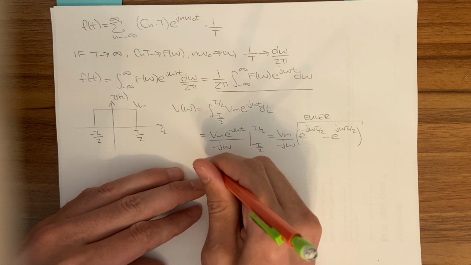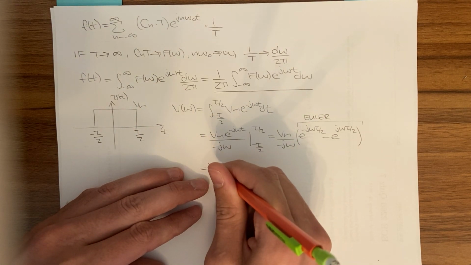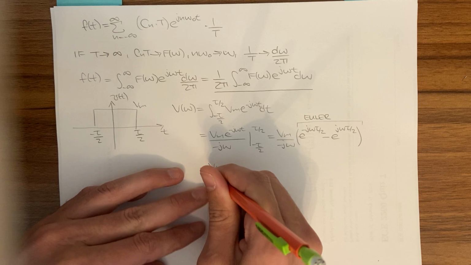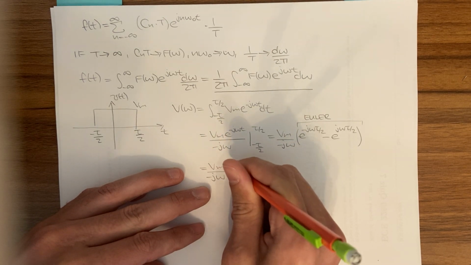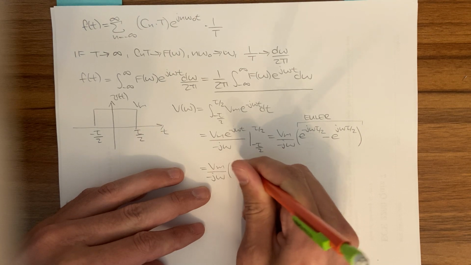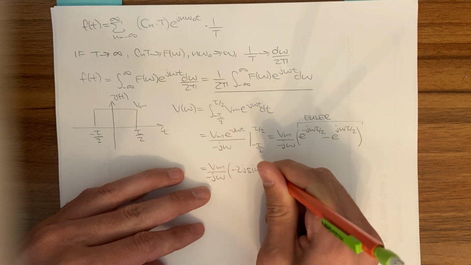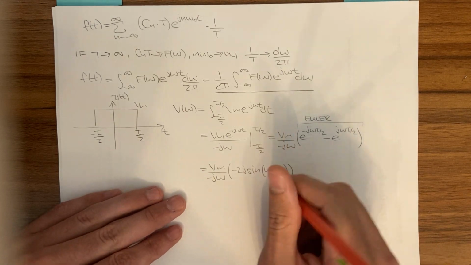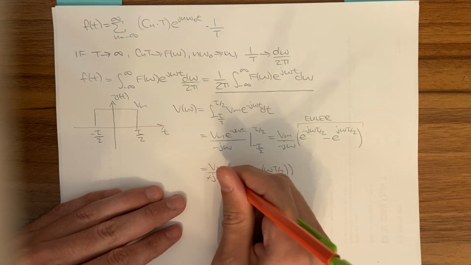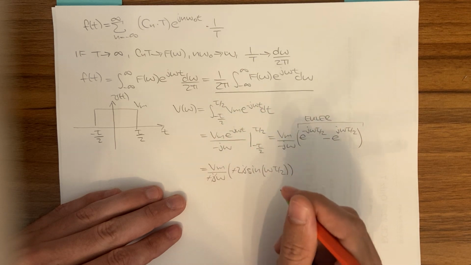Anyway, we've now got Vm over j omega times minus 2j sine of omega tau over 2. So the negatives are going to cancel, and the j's are going to cancel.